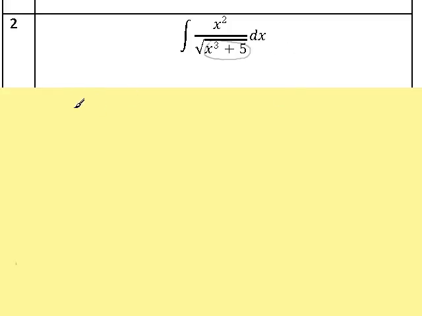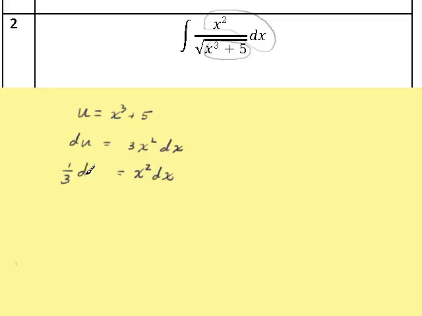We put our variable u equal to the inner function, and then differentiate both sides. Then we solve for what we have in the integral. We have x squared dx, not 3x squared dx. So we'll divide both sides by 3. Now we have all the pieces and we're ready to do our substituting.